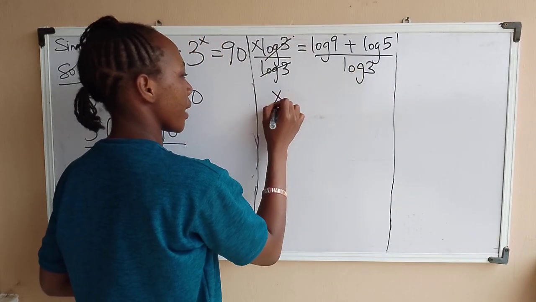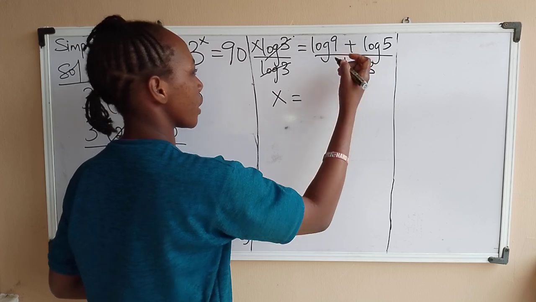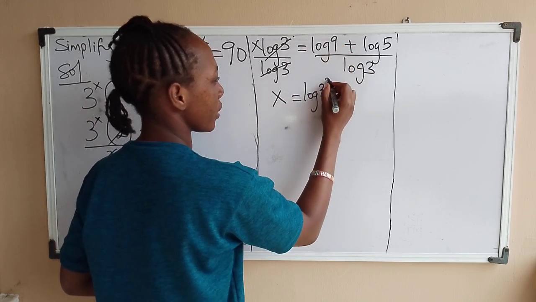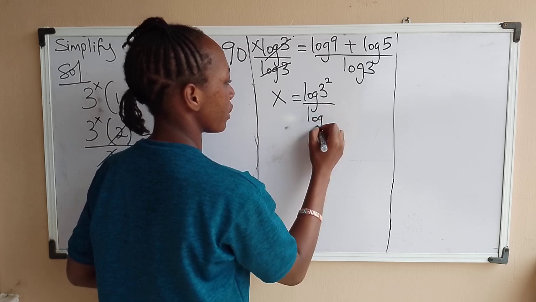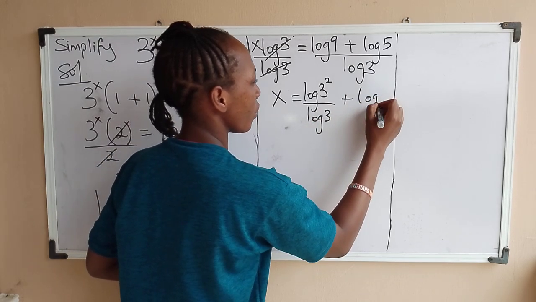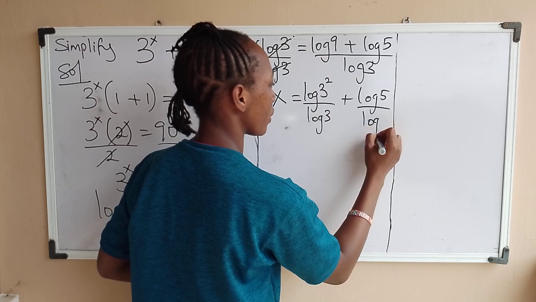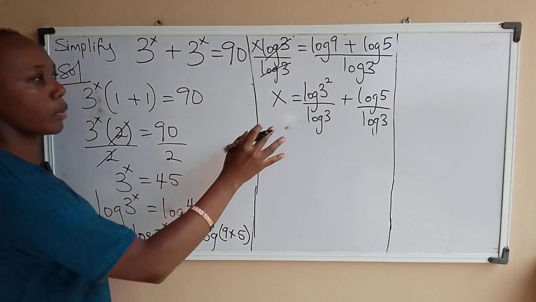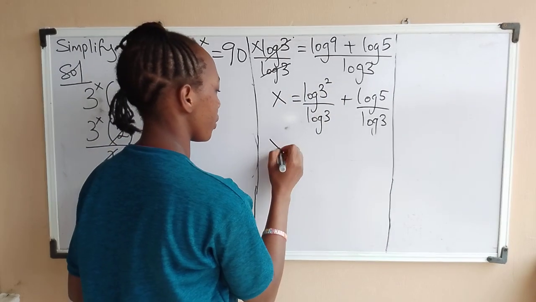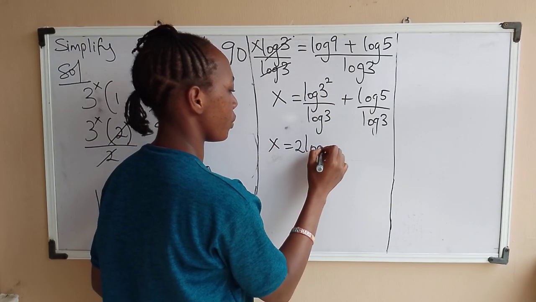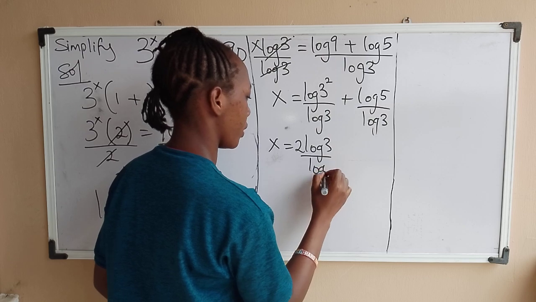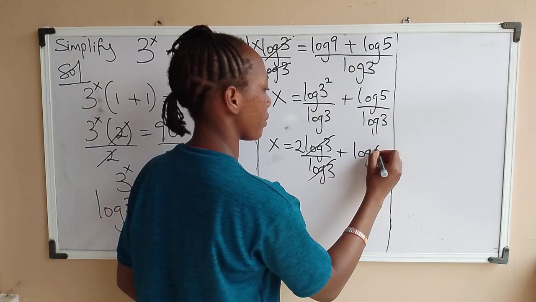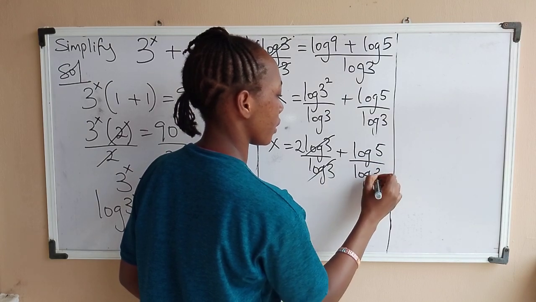So we have x equals, and we split this each. We have this 9, we can regard it as 3 to the power of 2, over log 3, plus log 5 over log 3. Next thing we're going to do, the same thing we did here, we're going to apply it here as well. Bring down this 2 to the front, 2 log 3 over log 3, and this can cancel out, plus log 5 over log 3.